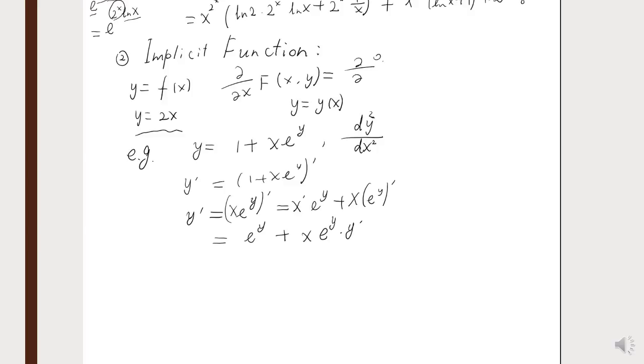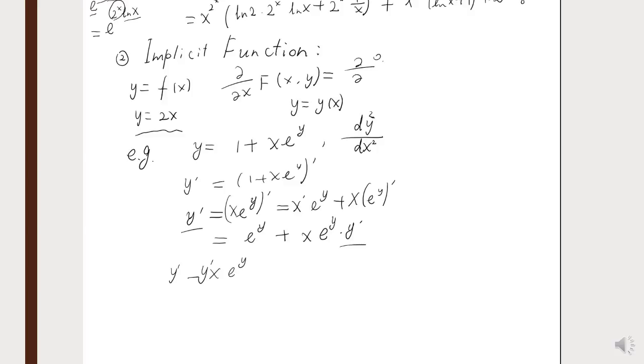Alrighty. So now we understand that on the left and on the right of the equation, we have the y prime. So why don't we simplify them a little bit? We can put this on the left. So we're going to have y prime minus x e to the power of y. Oh, put to the wrong position.